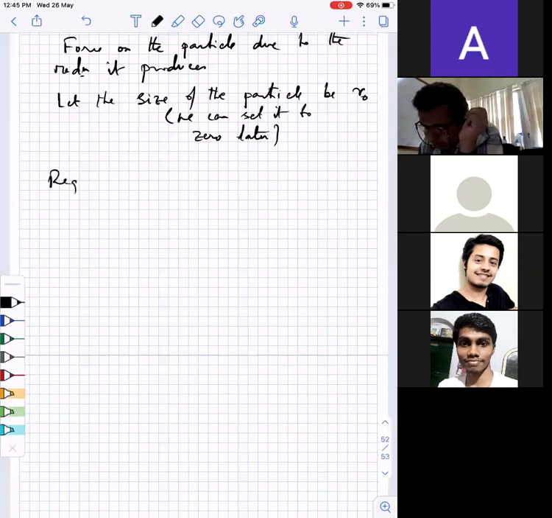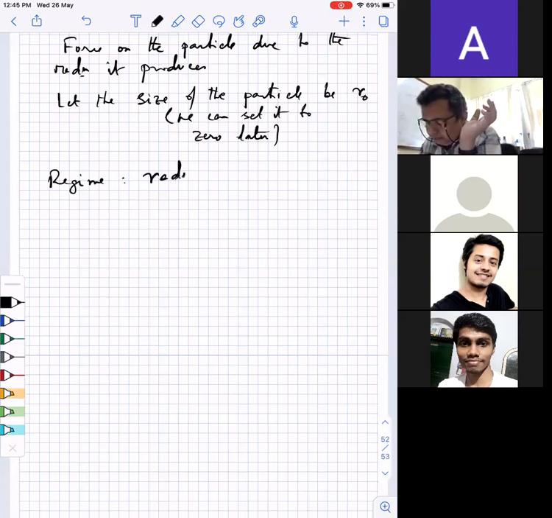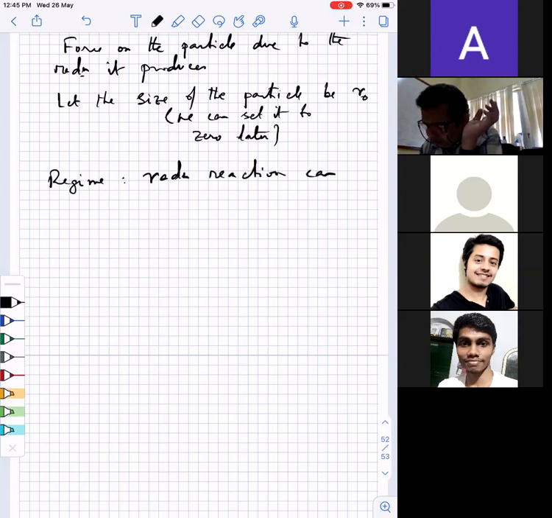So let us define a regime in which radiation reaction can be treated as a perturbation. A perturbation on what?